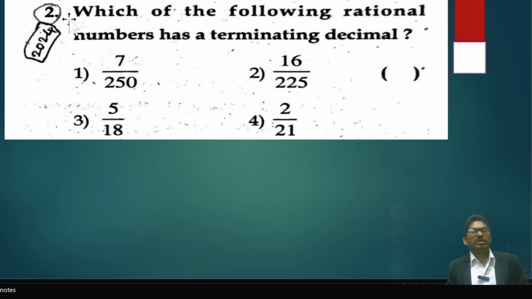Next question, second: which of the following rational numbers has a terminating decimal? How can we find a terminating decimal?